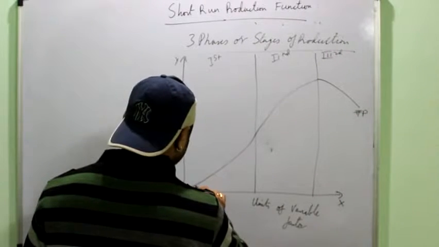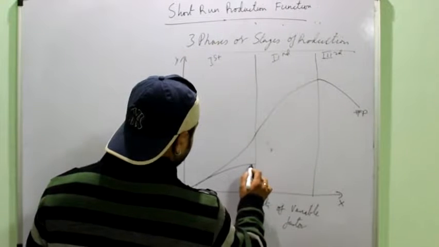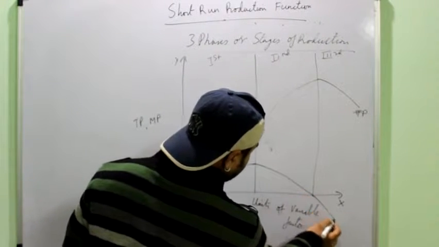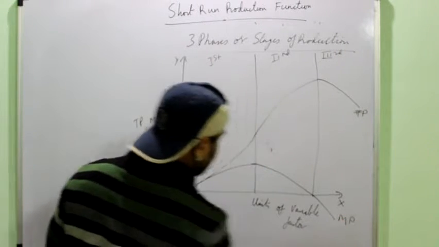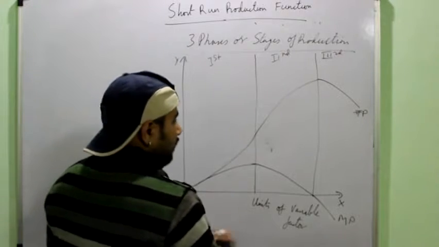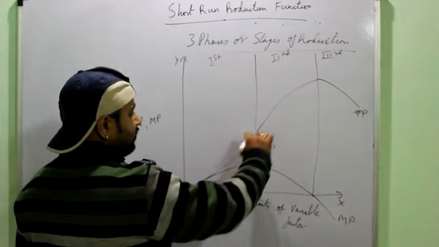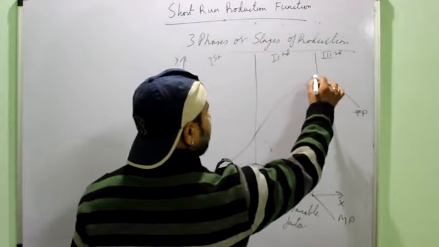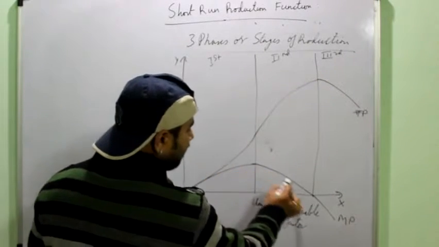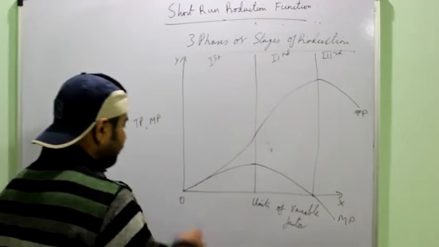Then MP first increases, then 0 and negative, right? So this is how you draw first concave curve, then convex curve, then declining, then for MP first rising, then 0 and then negative.